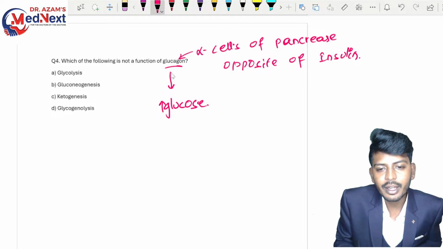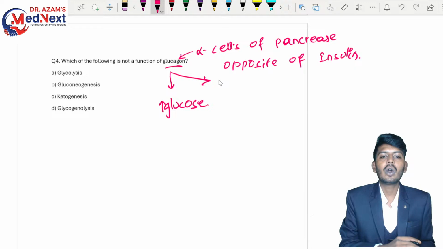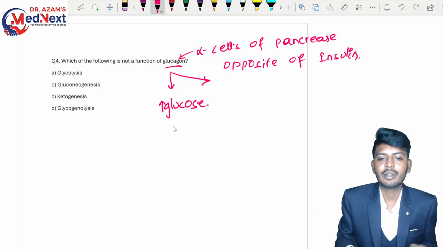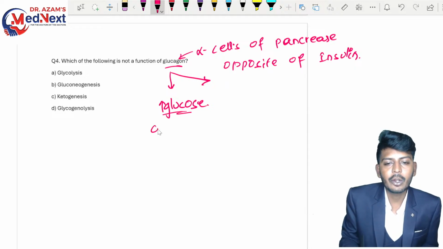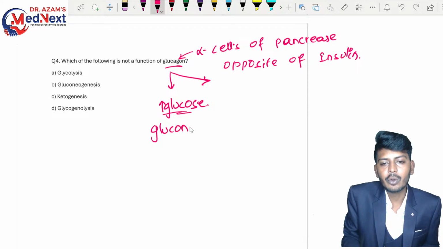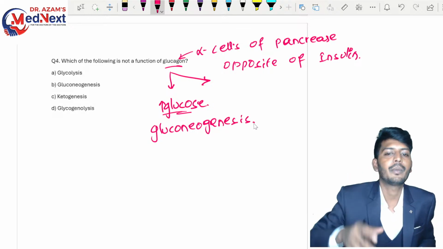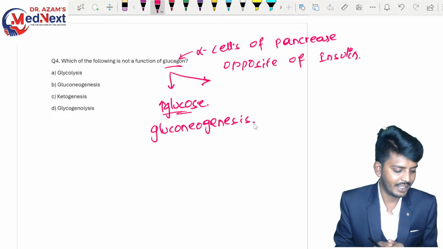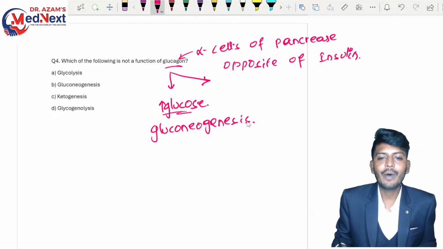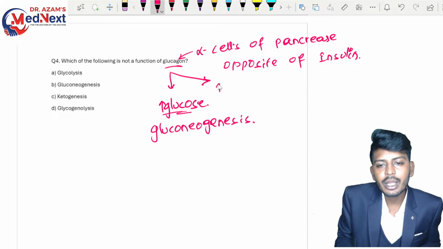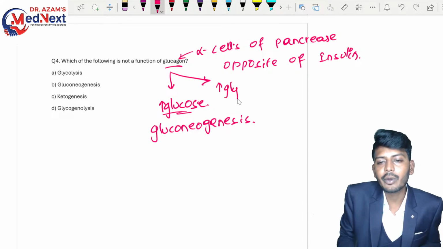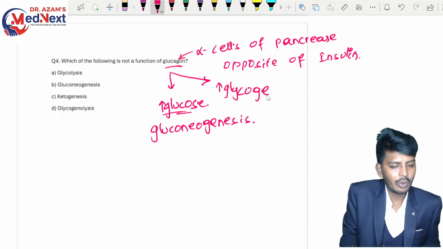Along with that, to increase glucose, it causes gluconeogenesis. What is gluconeogenesis? Gluconeogenesis is the formation of glucose from non-carbohydrates such as amino acids. And one more thing, it will also increase the breakdown of glycogen, so glycogenolysis.